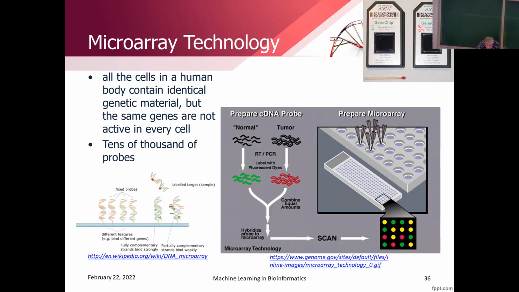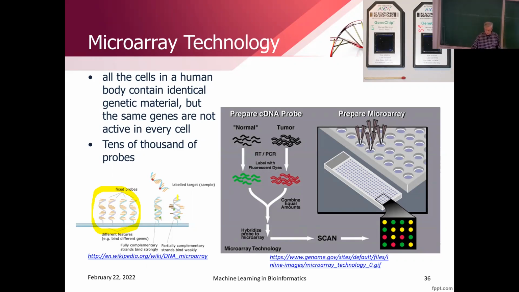So these are the pieces of DNA, and if we have some sample, and in the sample there is a complementary DNA string, it can bind to this short DNA string, and the bond is strong if there is a complementary part, even in some long DNA string.